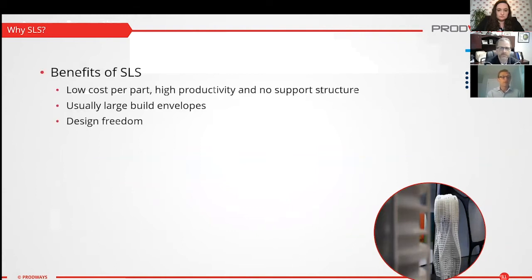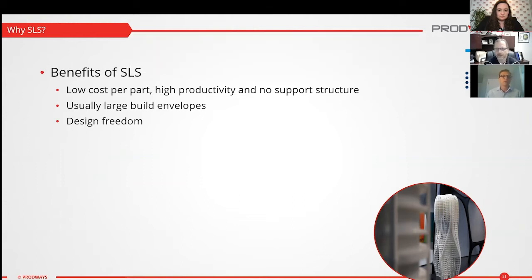And so in particular, what are the key benefits that we see from SLS? The first thing is that it's a low cost per part and a high productivity with no support structure technology. Now, talking to cost, of course, we need to compare with 3D printing and with other manufacturing technique. Depending on the complexity of your part, it can be a much lower cost per part.